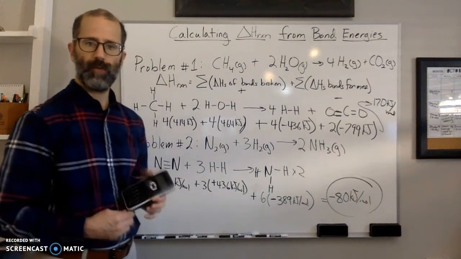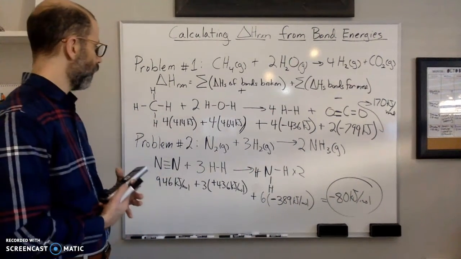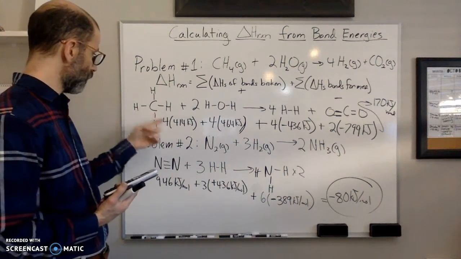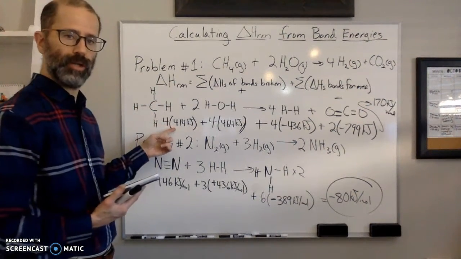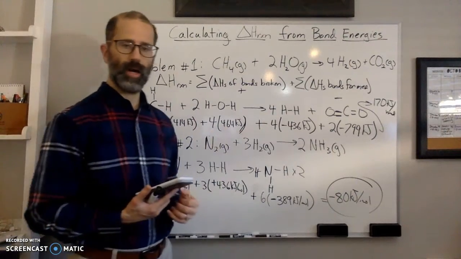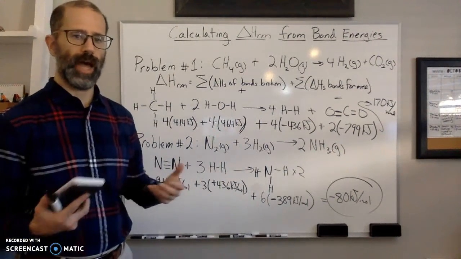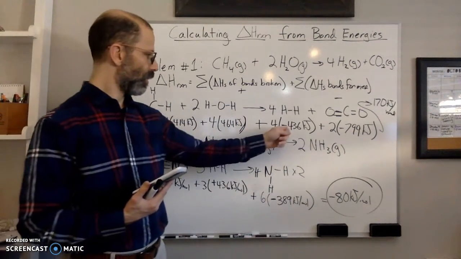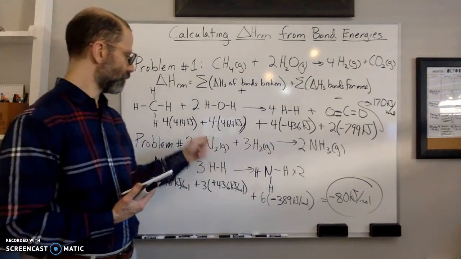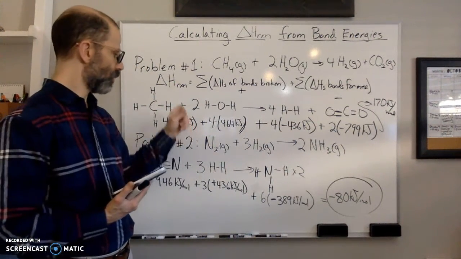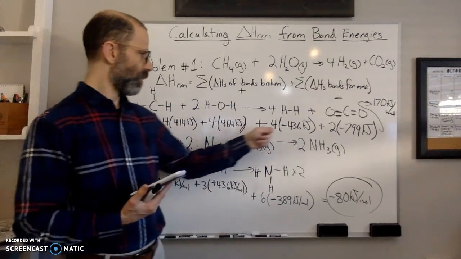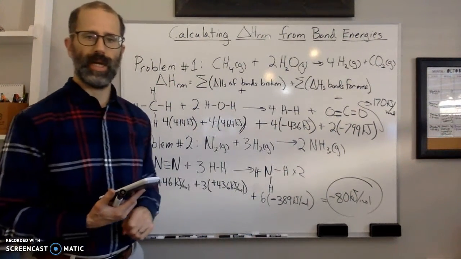You just find the bond energies, calculate the number of bonds being broken, and multiply that by the bond energy of that bond. Do that for all of your products and reactants, and then add them together, making sure that bonds broken are going to be positive and bonds formed are going to be negative.